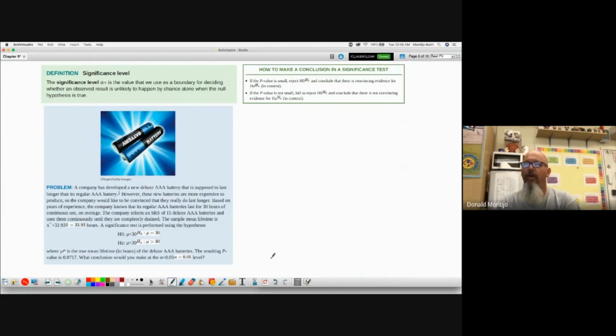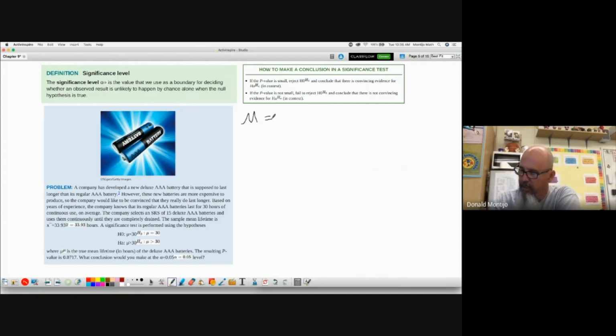So they're going to perform a significance test. So they do. They run this test. What test are they running? Well, I forgot. How do we start every significance test? By defining the parameter of interest. What is this problem about?